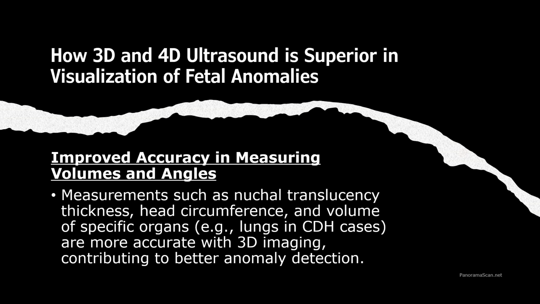This enhanced accuracy ensures better detection of anomalies and a more reliable evaluation of fetal growth, allowing clinicians to plan more effectively for management and interventions. With 3D imaging, we can achieve a level of measurement precision that supports better prenatal diagnosis and intervention planning.